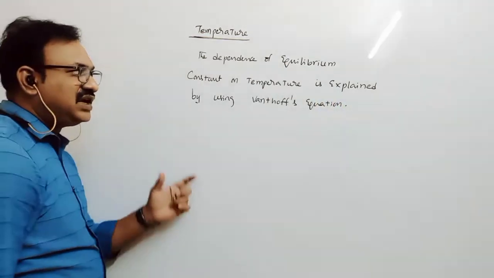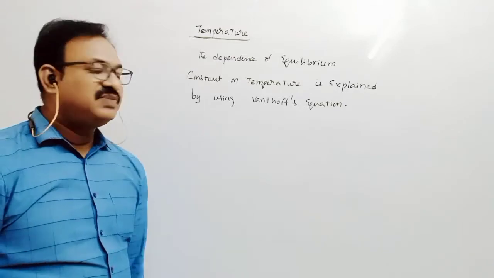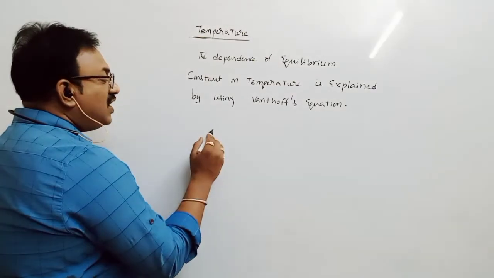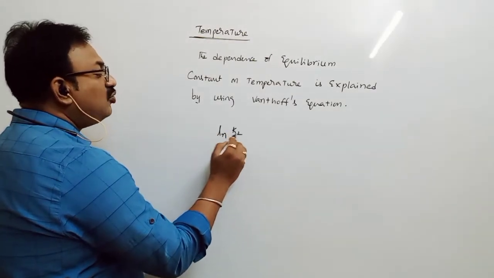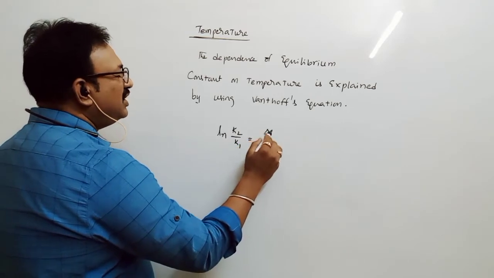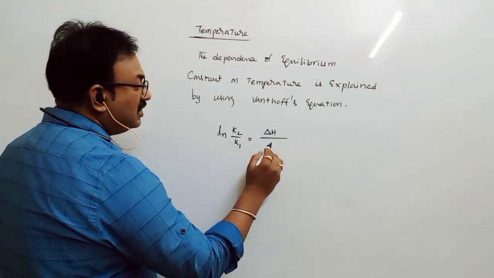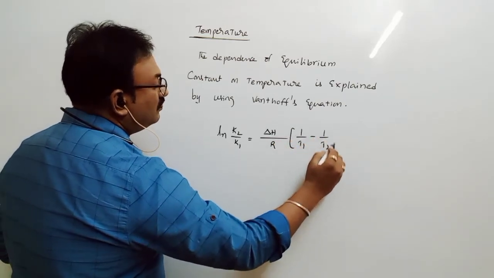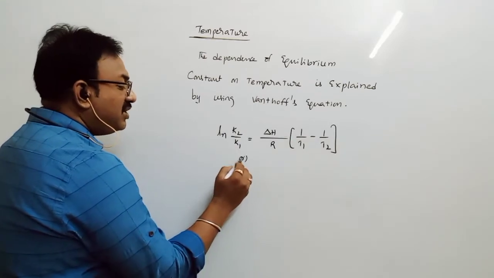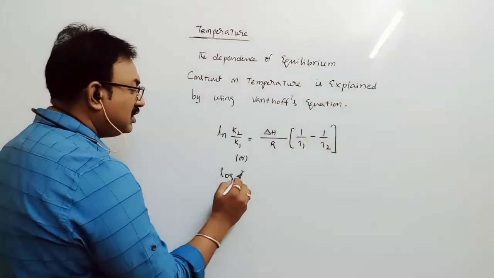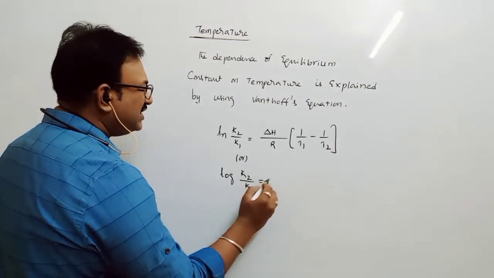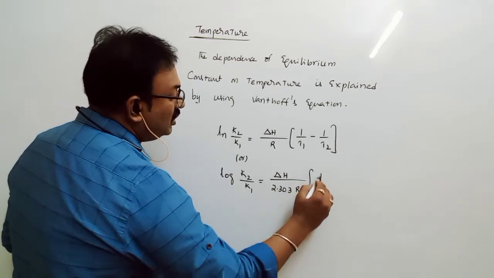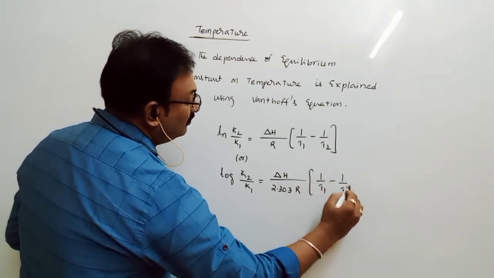Okay, what is this Van't Hoff's equation? ln K2 by K1 is equal to del H by R into 1 by T1 minus 1 by T2. Or it can be written as log to the base 10 of K2 by K1 is equal to del H by 2.303 into R into 1 by T1 minus 1 by T2.